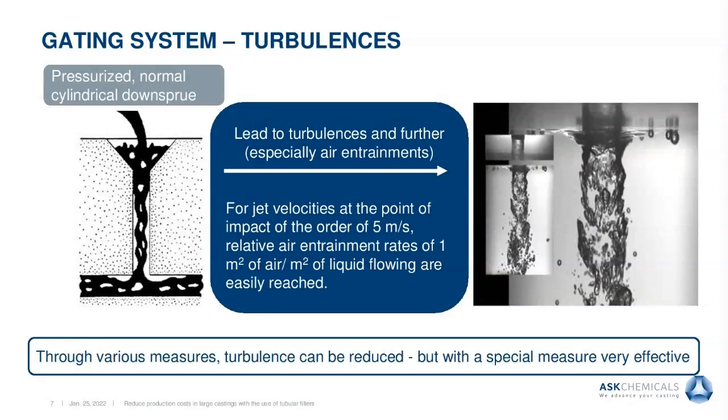Different investigations showed that jet velocities, that means the speed of the stream, which you can see in the right-hand picture, of around 5 meters per second reach up to 1 cubic meter of air per cubic meter of the liquid. Okay, that's a water model, but we have to work with models because it makes our investigation a little bit easier.